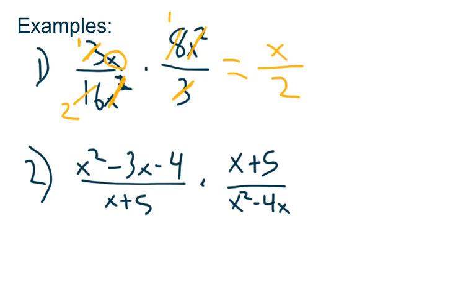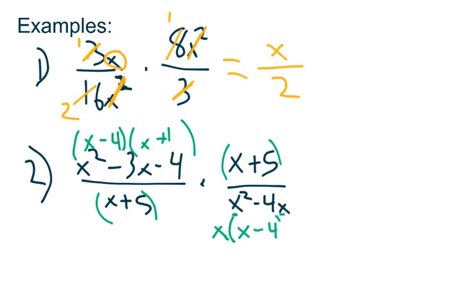What we're going to want to do here is factor and see what we have. Up in the top I have x minus 4, x plus 1. x plus 5 can't be factored, but I can take out an x from this one. So this is going to be x times x minus 4. Then I look diagonally, I see x minus 4's can go, and I see x plus 5's can go.